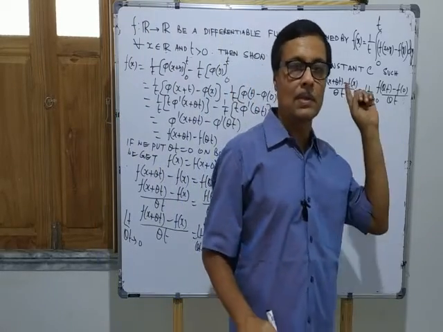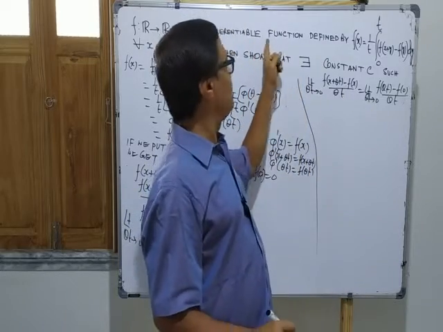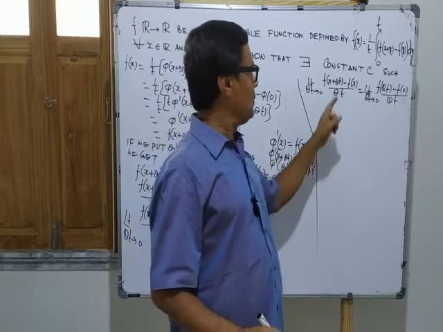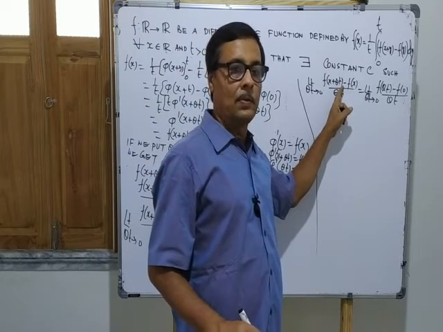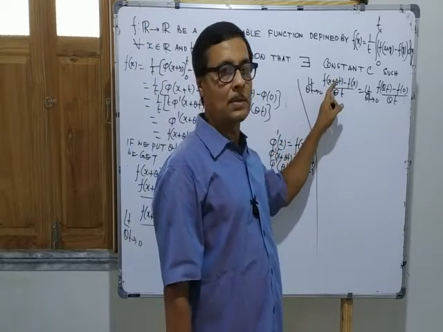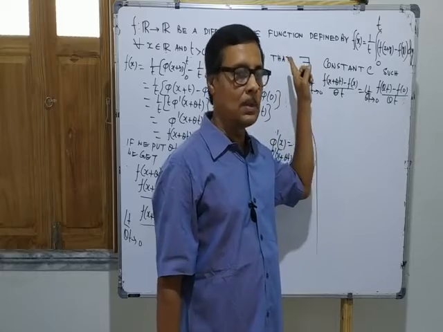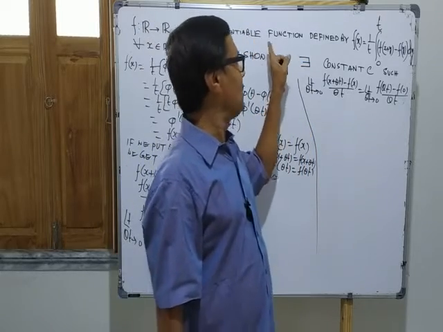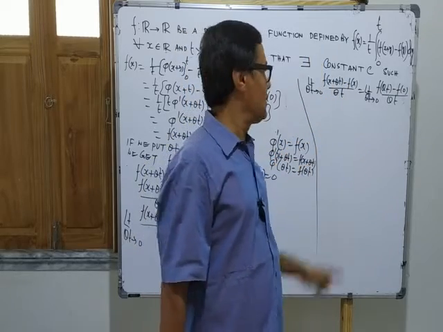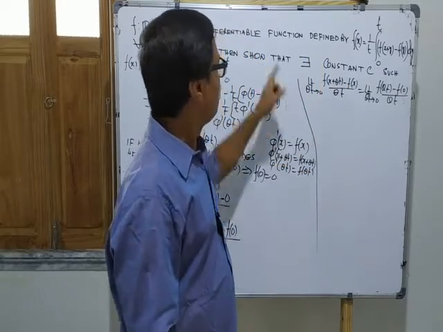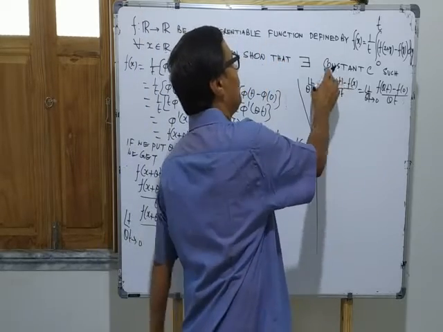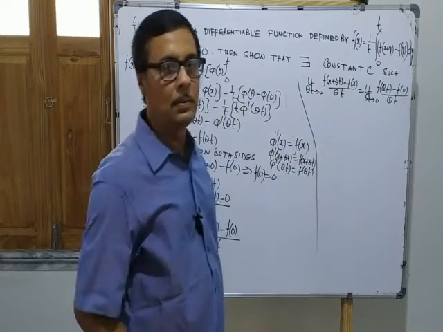F x is a differentiable function, so its derivative exists, and this expression is the definition of the derivative of the function f x. As the derivative of f x exists, that is, the function is differentiable, this limit exists.